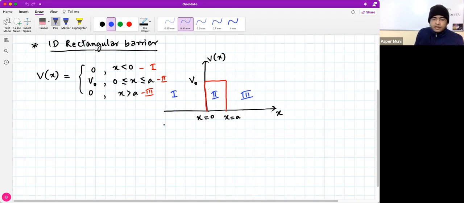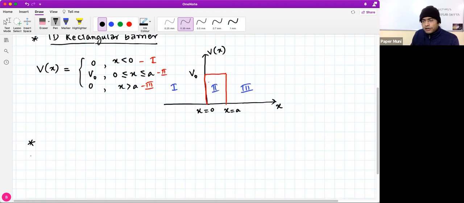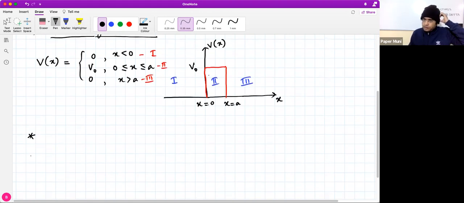All right. So what happens here is, we have already discussed in the unbound state and bound state lecture what is the requirement for the particle to have unbound and bound states. All right. So for this case, there won't be any bound states possible.